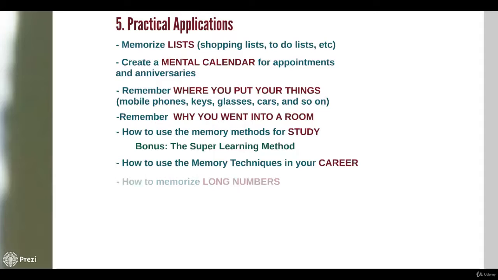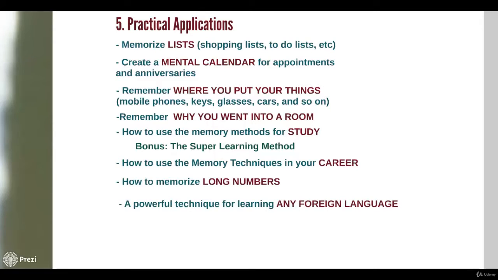In the next lesson, you will learn how to memorize long numbers. When I say long numbers, I mean hundreds or thousands of digits, which can be memorized much easier if you learn the right techniques. Next, I will present you a powerful technique for learning any foreign language. With some practice, the basic vocabulary of a foreign language, usually about 1,000 words, can be learned in just a few days.